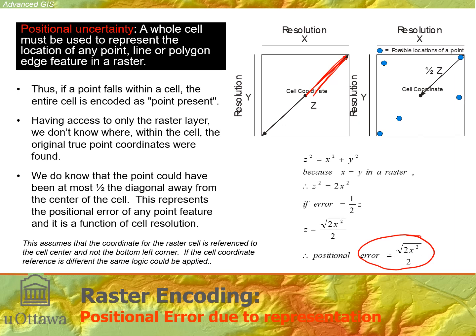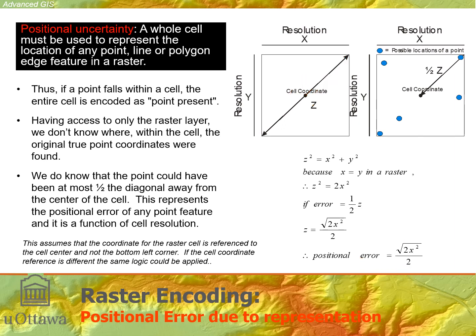You don't have the original point data. All you have is a raster, and somebody asks you to report the coordinate. So at what coordinate should I put in my GPS to find this den? Well, the best you can do is give them the cell coordinate and tell them that that coordinate plus or minus the error is where you're going to find that grizzly bear den.